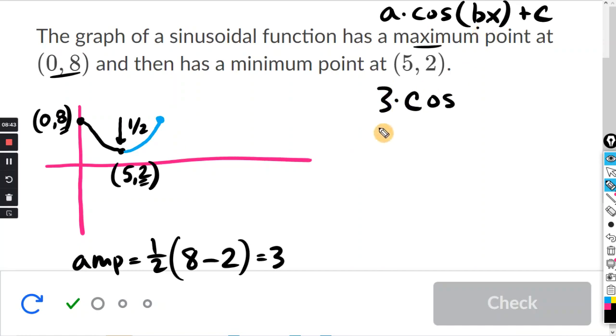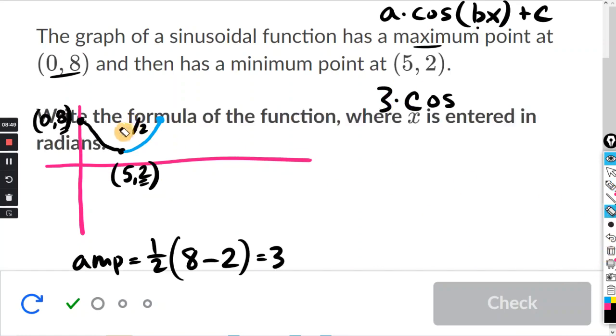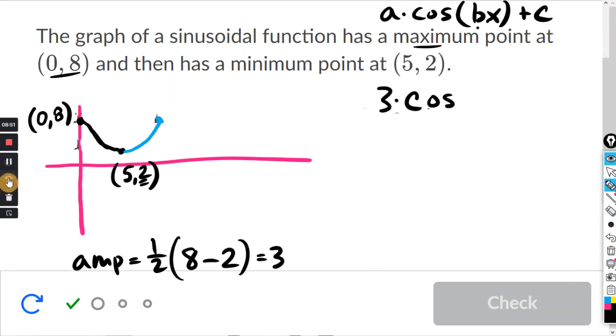Now for B, we need to find the period. All right, and let's see. We need to find the period, and if we travel horizontally from the maximum to the minimum, that distance right there is only half of the period.